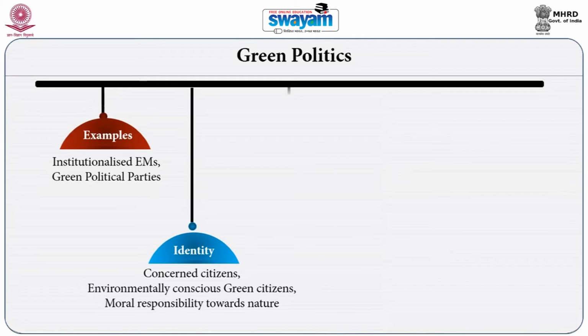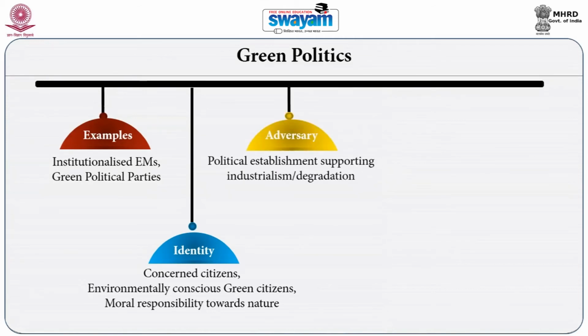The major adversary of these kinds of environmental movements is the political establishment, because the ultimate aim is to capture political power and to establish environmentalism through political institutions, through political mechanisms. So the central adversary is the political establishment who promote environmentally destructive policies and activities.